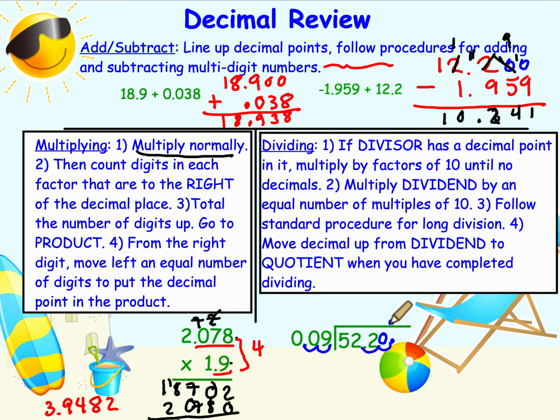Okay, so now I'm ready to go ahead and divide like I normally do. So 9 goes into 5 0 times. I'm going to go 9 into 52. So 9 times 5 is 45. 52 minus 45 is 7. Bring down the 2.